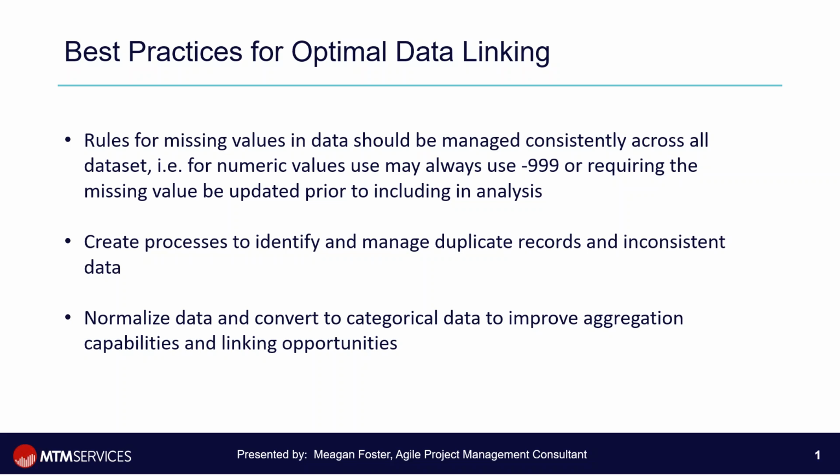And then finally, normalizing data and converting it to categorical data when you can. That way you're able to improve aggregation capabilities and open yourself up to more opportunities to link the data to other data sources.